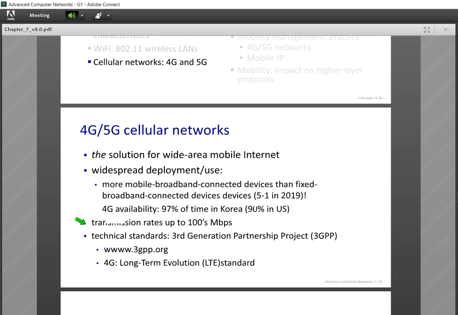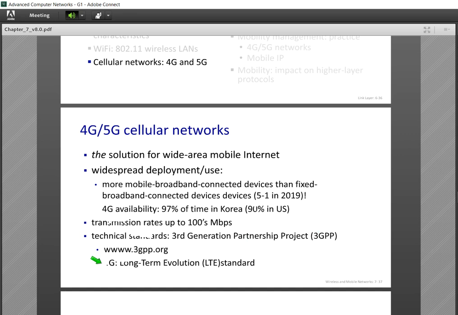In 4G technology, the transmission rate is up to 100 megabits per second, and in 4G we are using standard techniques deployed in third generation technologies, the third generation partnership project 3GPP, and LTE.